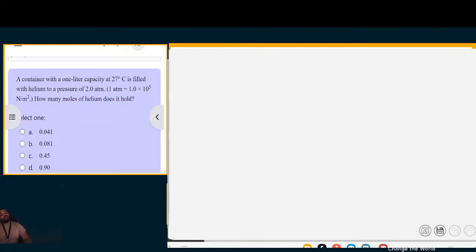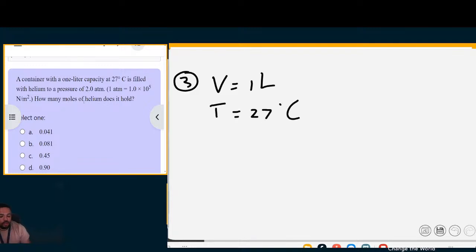Next question. A container with a 1 liter capacity at 27 degrees Celsius. So the volume is 1 liter and the temperature is 27 degrees Celsius. It is filled with helium to a pressure of 2 atmospheres.